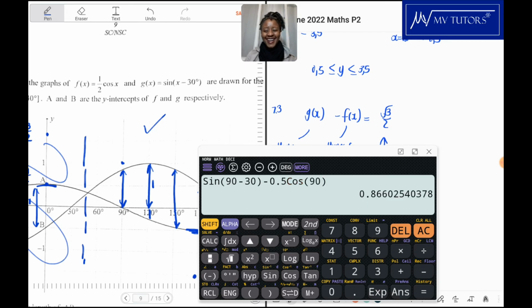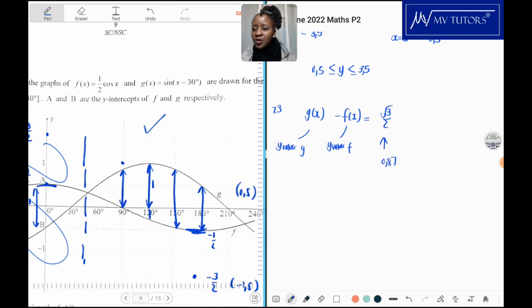Okay, so 90 works. Let's see if 180 would work. 180. No, that will give you a straight up 1. So 90 works, 180 does not work. It gives you exactly 1.